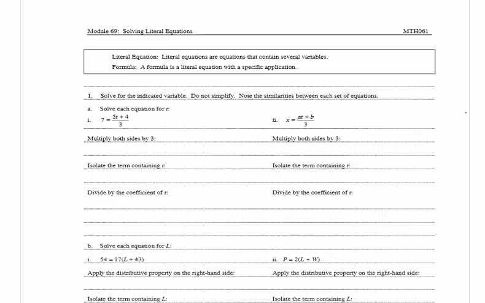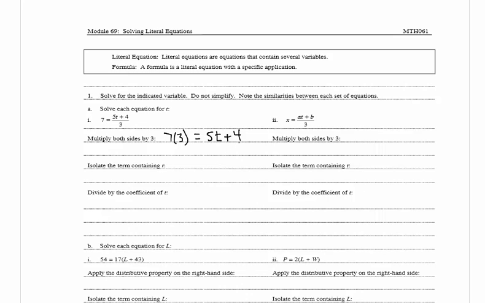So in A, we have solve each equation for t. And for 1, we have 7 is equal to 5t plus 4 over 3. So the first thing they want us to do is multiply both sides by 3. So we have 7 times 3 is equal to 5t plus 4. And now they want us to isolate the term containing t.